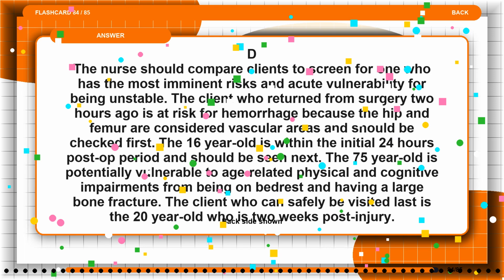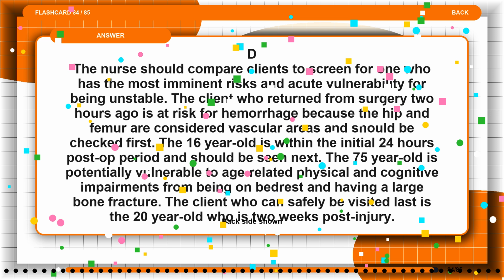The answer is D. The nurse should compare clients to screen for one who has the most imminent risks and acute vulnerability for being unstable. The client who returned from surgery 2 hours ago is at risk for hemorrhage because the hip and femur are considered vascular areas and should be checked first.